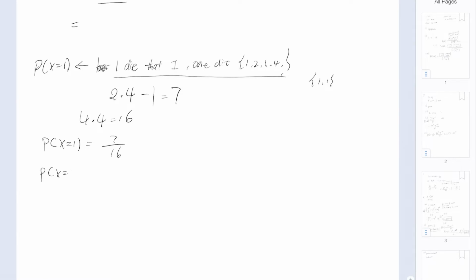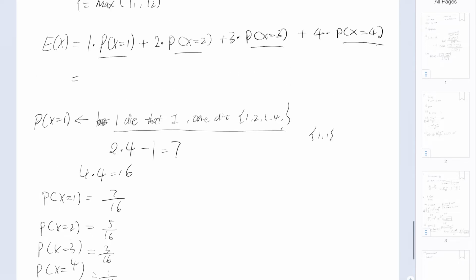You can apply the same logic to the probability of X equal to 2, 3 and 4. You will find that these are 5 over 16, 3 over 16, and 1 over 16.